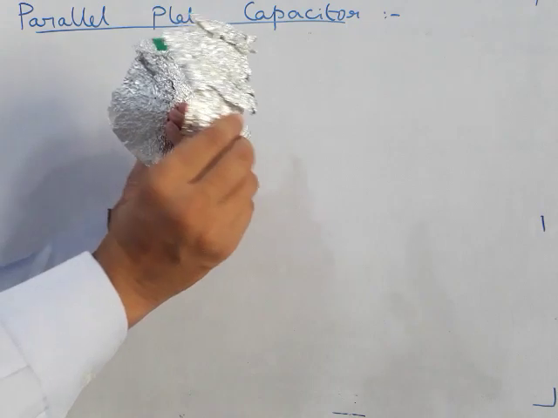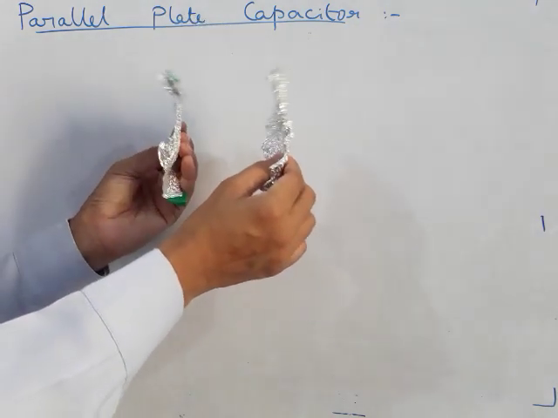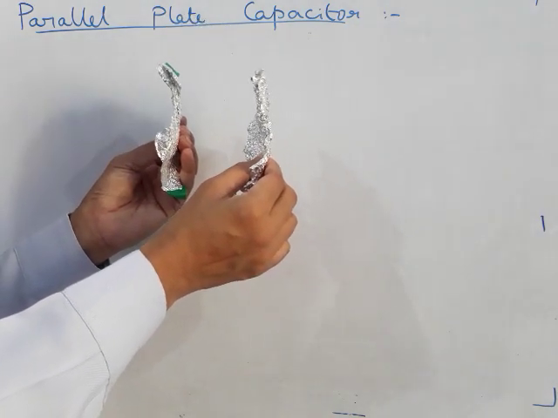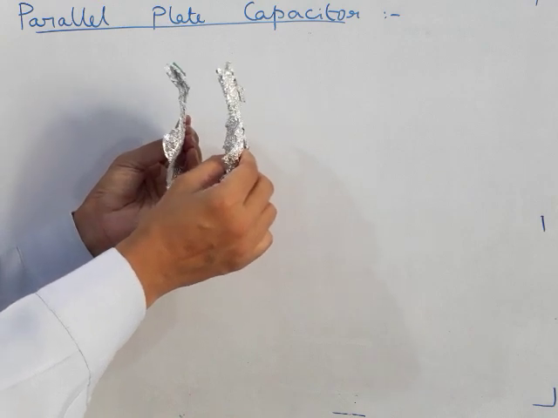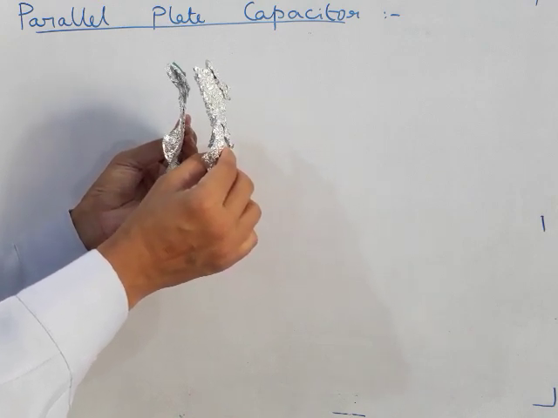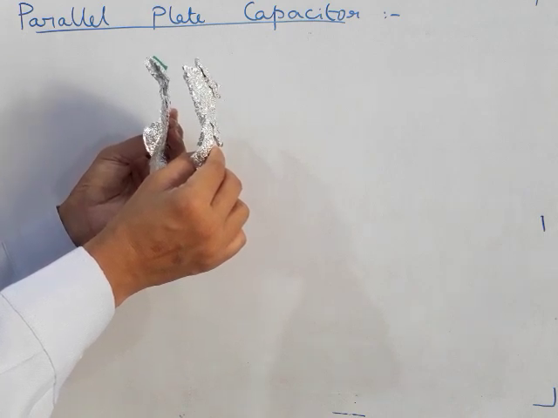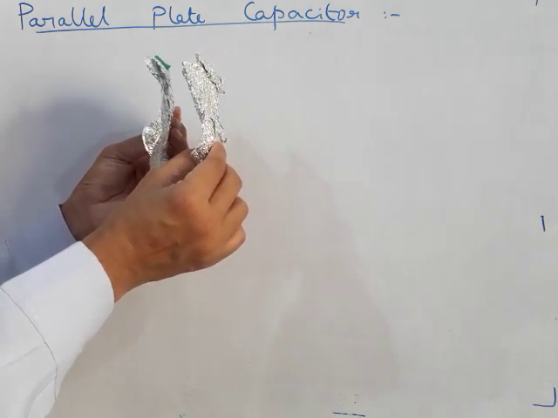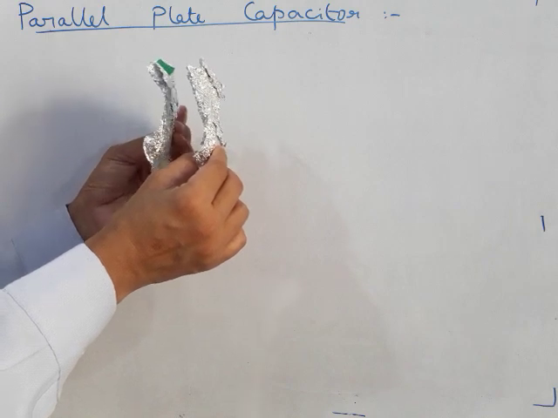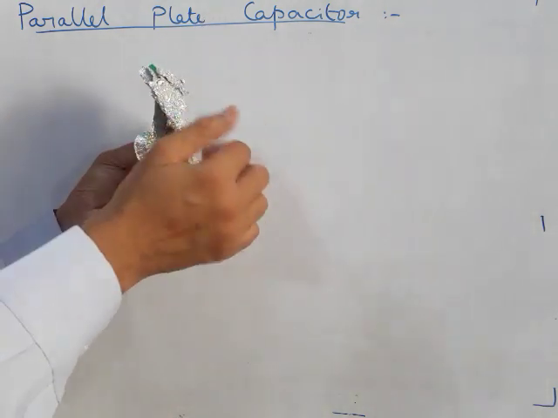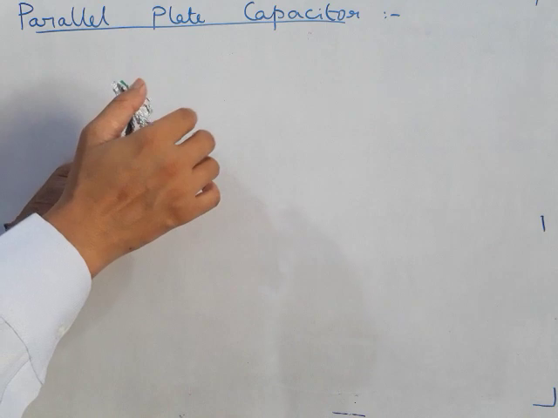Here the two plates are placed parallel to each other and there is some gap between them. If we minimize this gap, we will find that the capacitance of the capacitor will be large. Here I have taken them in the shape of rectangles, but these plates can be of any shape. They can be triangular, they can be circular, and so on.